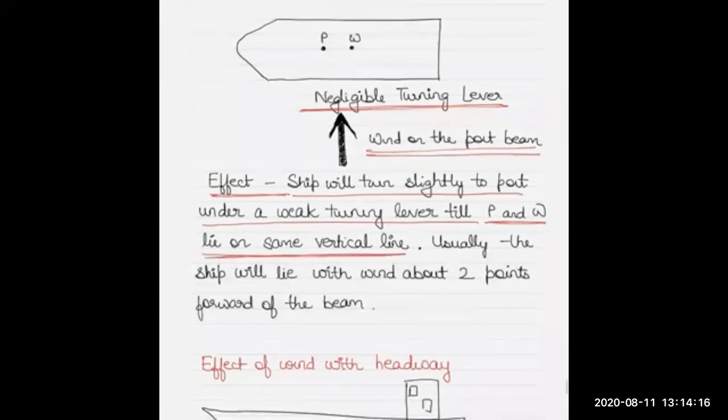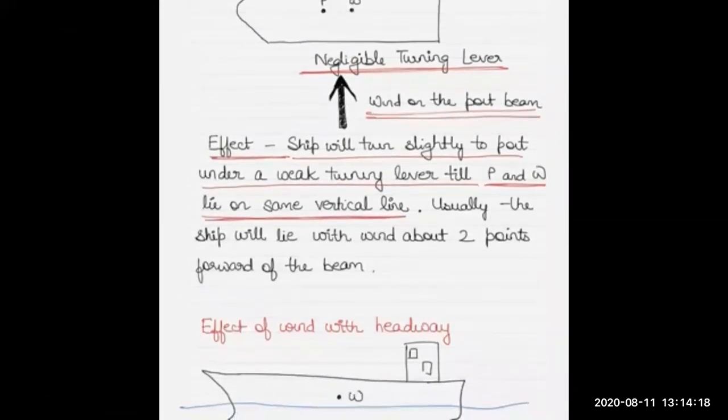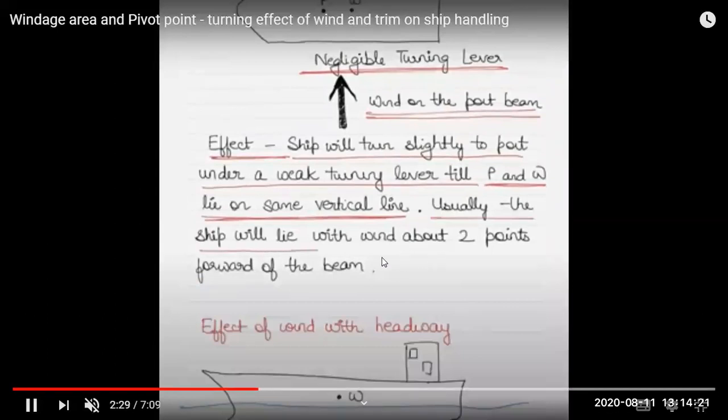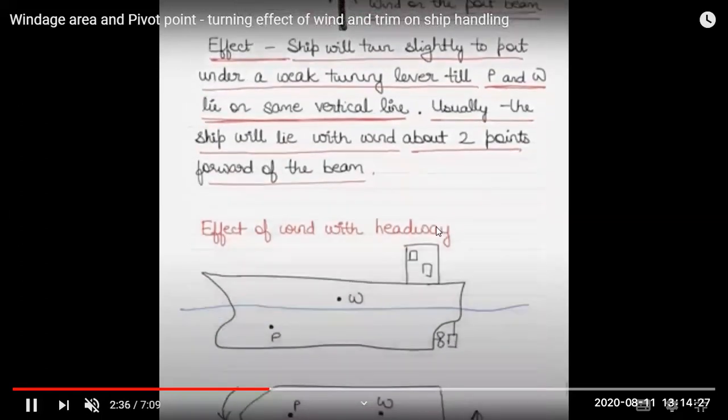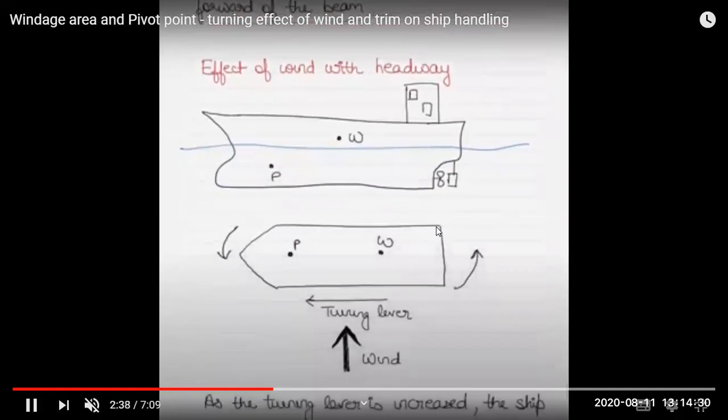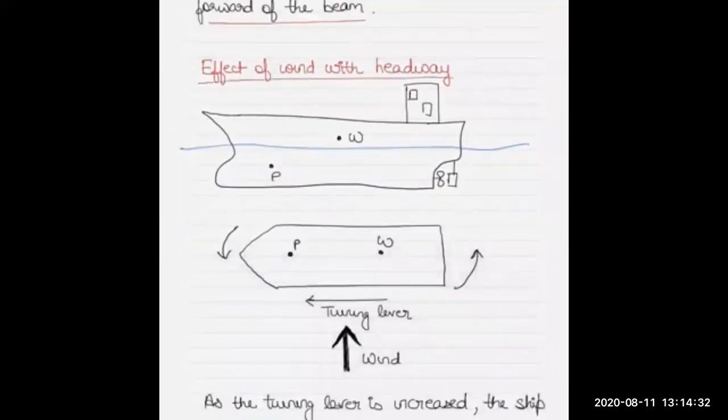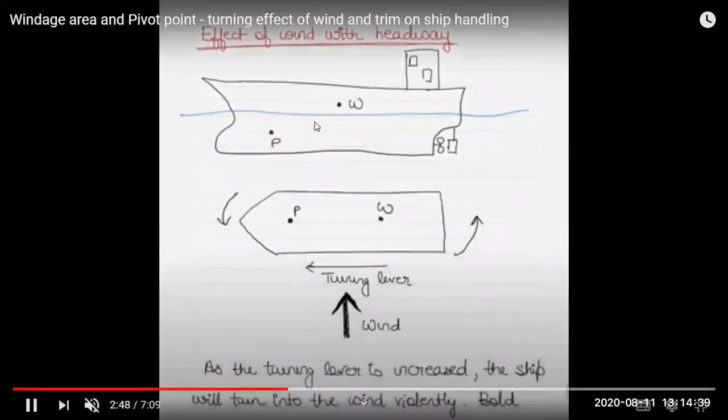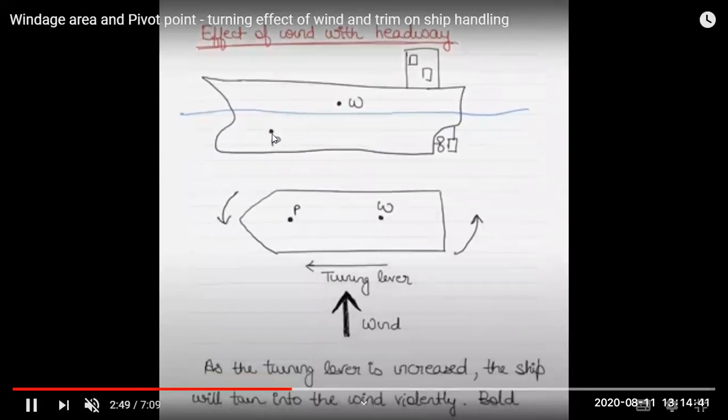Usually the ship will lie with wind about 2 points forward of the beam. So in this case the ship will come to a balance at around 2 points on the wind. Then when the ship is moving ahead, we know the pivot point will move ahead, 1/4 of the length from forward, and because of this, there will be a good lever between the pivot point and the center of windage area.